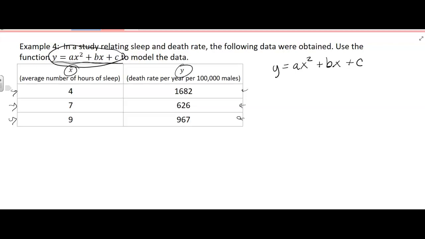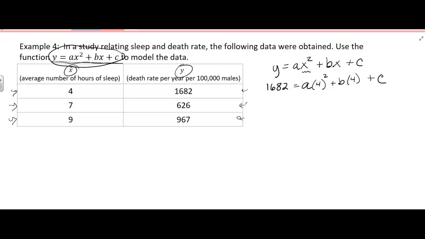For the top line, my Y is 1,682, my A I don't know, my X is 4, and I have to square that. So I'm following this model: A times 4 squared plus B times 4 plus C. And I don't know what A, B, and C are.